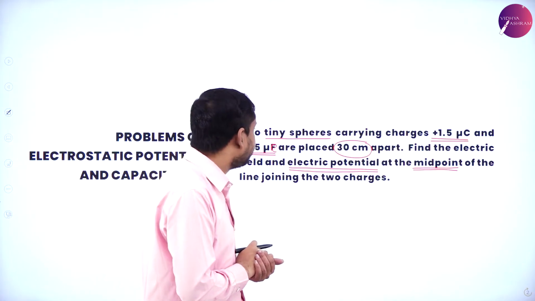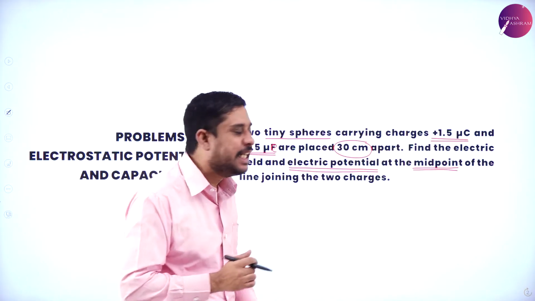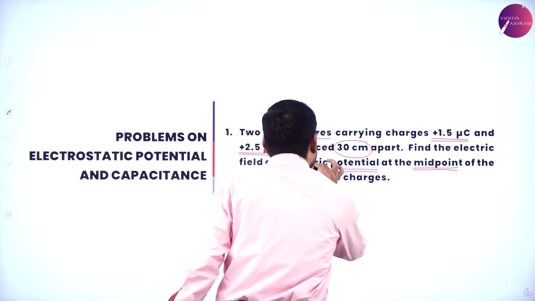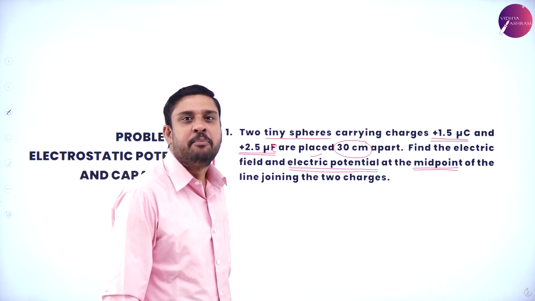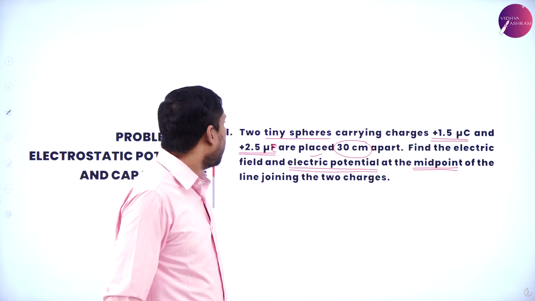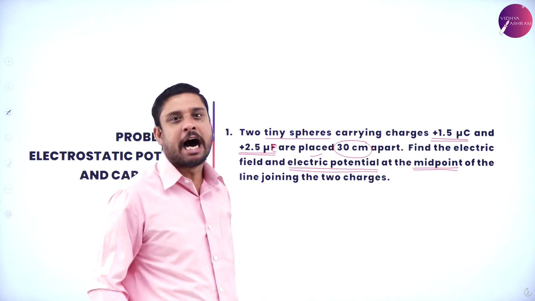So I will be calculating only the electric potential at the midpoint of the line joining the two charges.